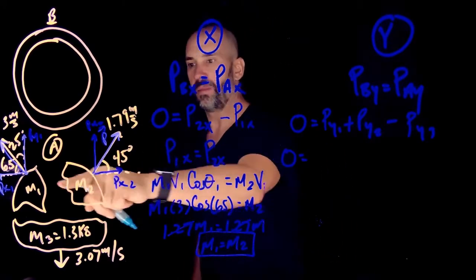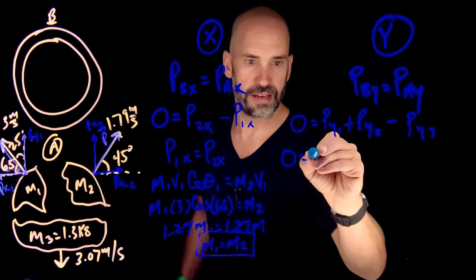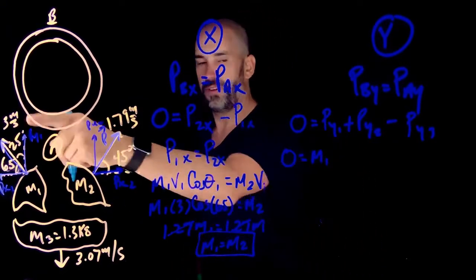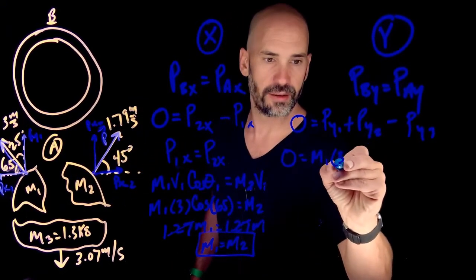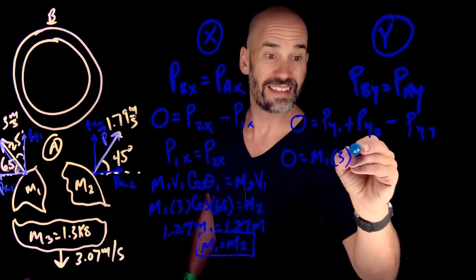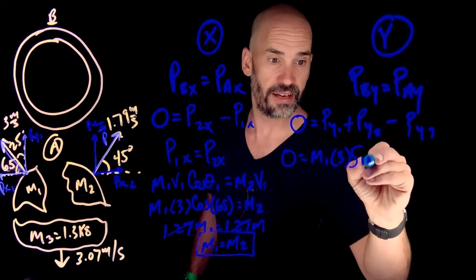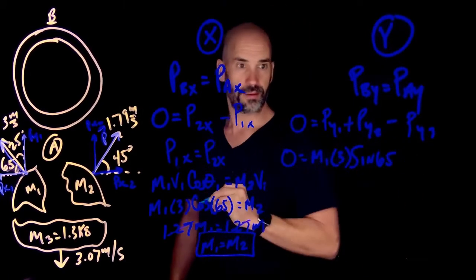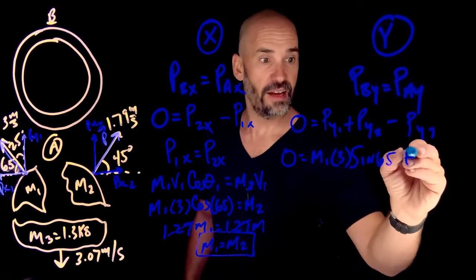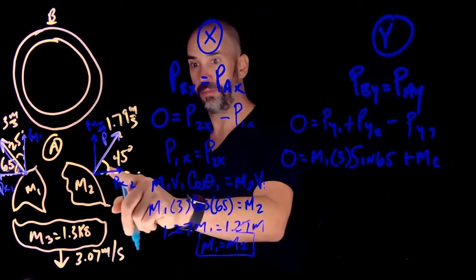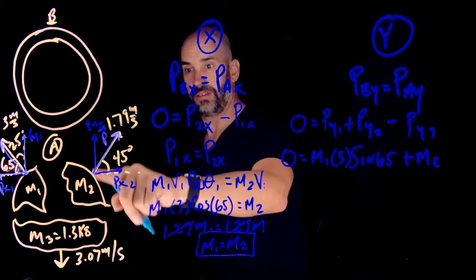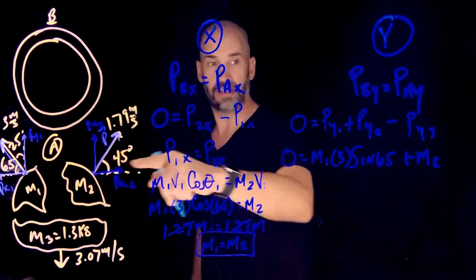Py1, well, that's going to be the mass of 1, which we're still trying to find out, m1, times v, again, that's 3, right, times, this time, sine of 65. And now we want to add to that our m2, right? That's this guy, which we still don't know. We're trying to find it.